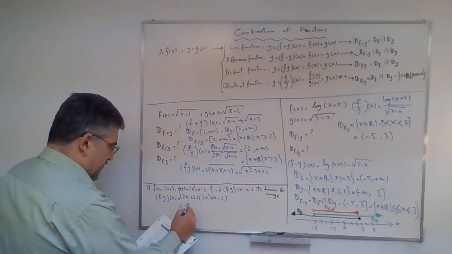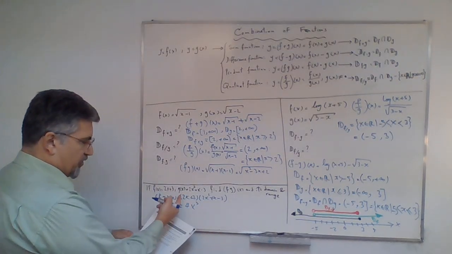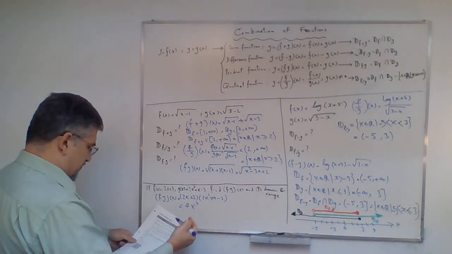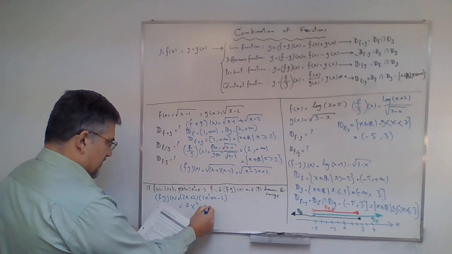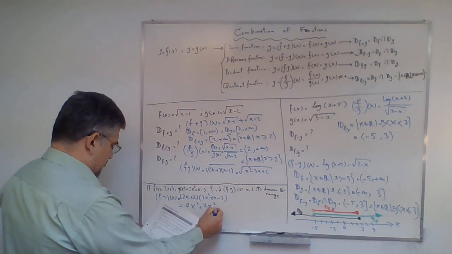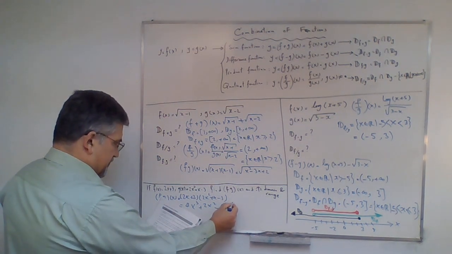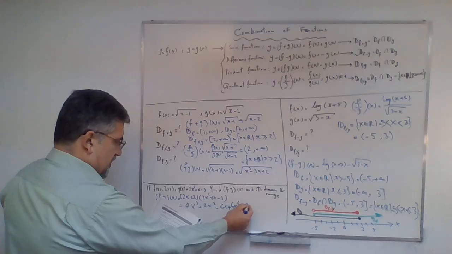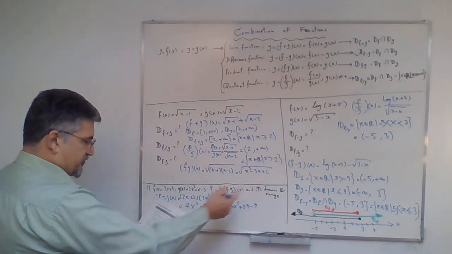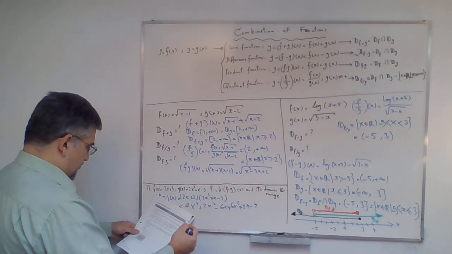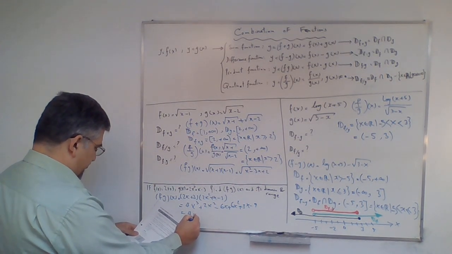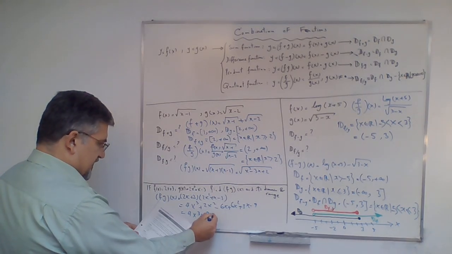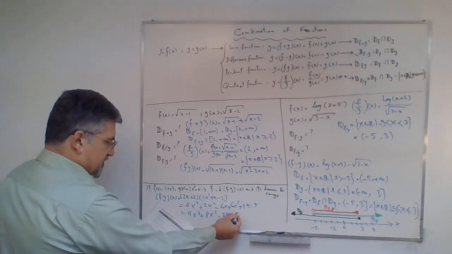We end up with 4x cubed if you multiply 2x by every single term inside the other brackets. And then we get 2x squared minus 6x plus 6x squared plus 3x minus 9 after you multiply 3 by the other terms. And when you wrap things up, 4x cubed plus 8x squared minus 3x minus 9 is the final answer.